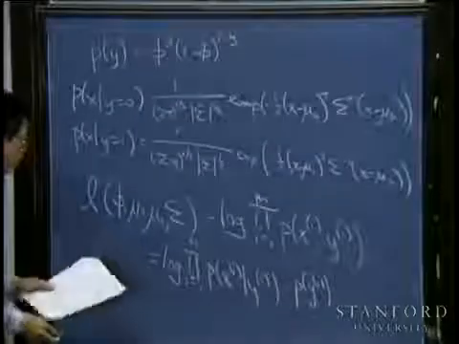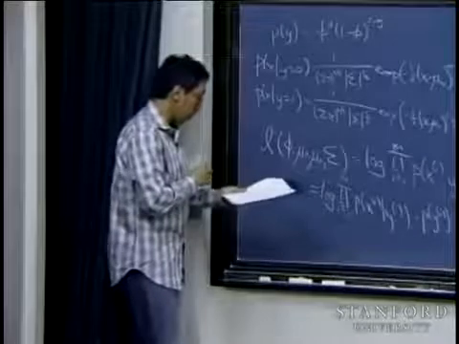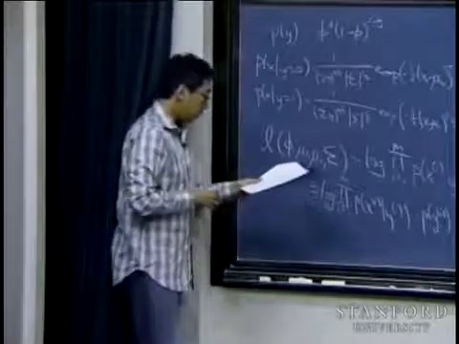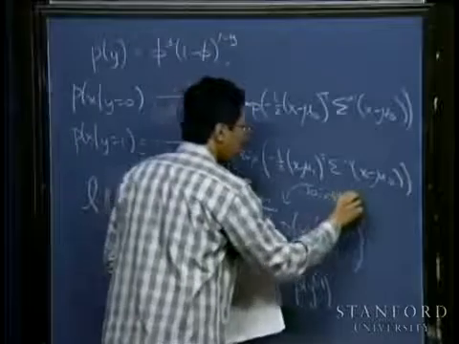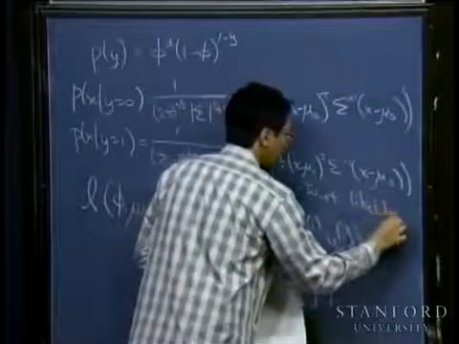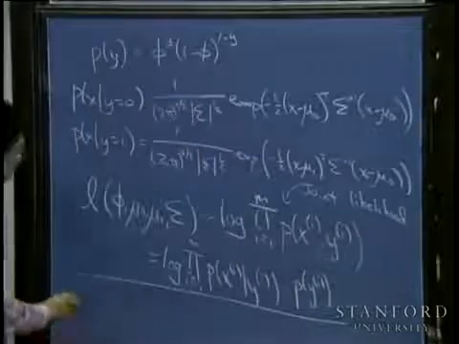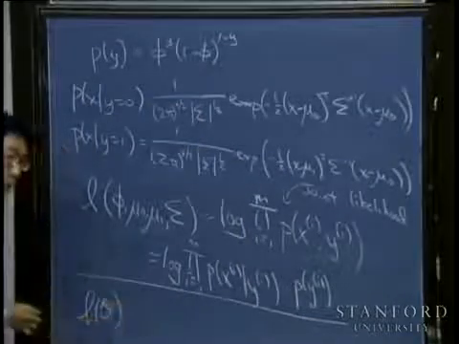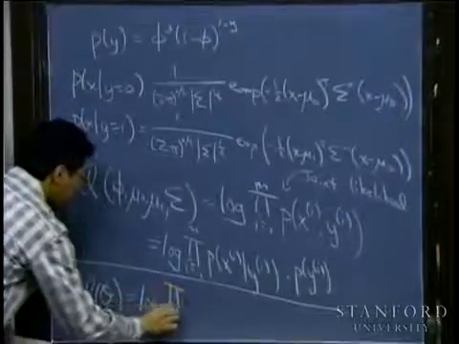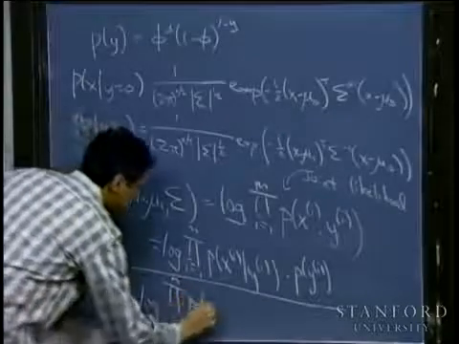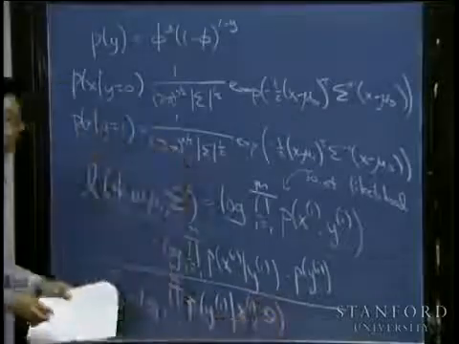Okay? And I just want to contrast this again with discriminative learning algorithms. To give this a name, this is sometimes called the joint data likelihood, the joint likelihood. Let me contrast this with what we had previously when we were talking about logistic regression, where I said that the log likelihood of the parameters theta was log of a product i equals 1 to m, p of yi given xi, parameterized by theta.